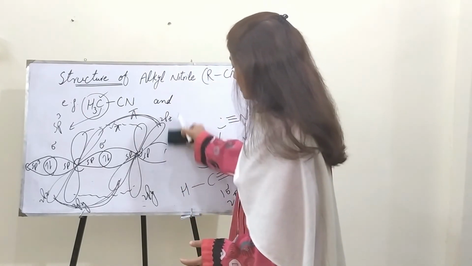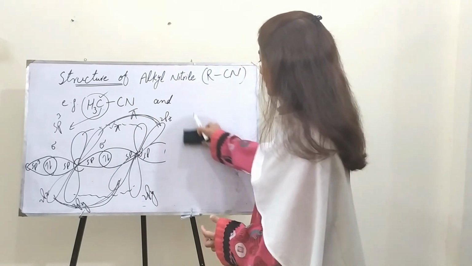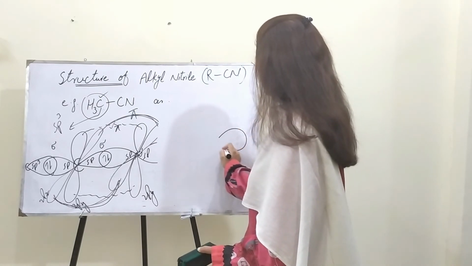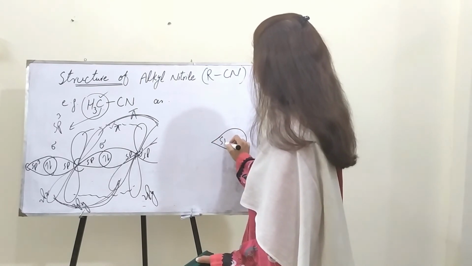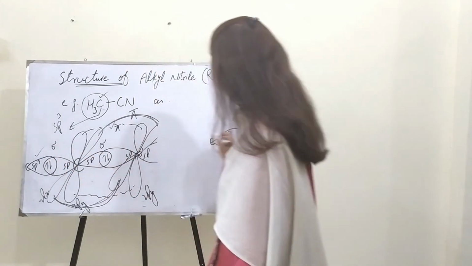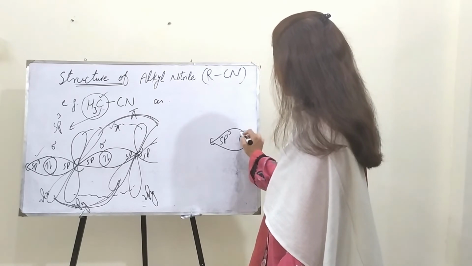Okay, so let me draw it clearly. So this is the sp3 hybrid orbital of this carbon atom with two electrons or overlapped regions.